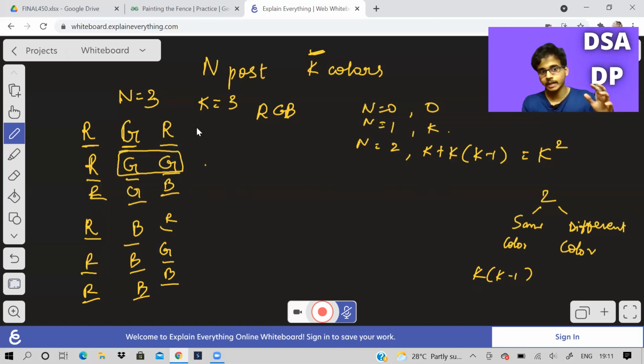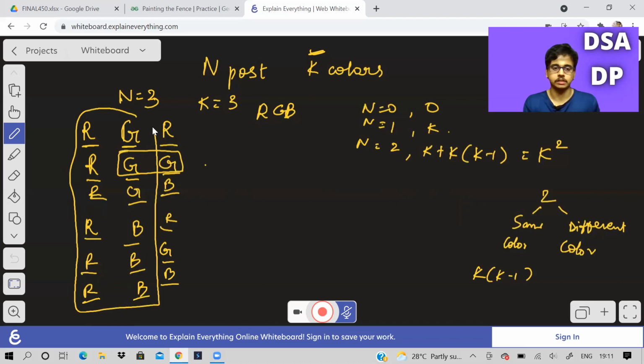So how many combinations can I essentially make? We should first consider only this much part. What did we observe over here? If I paint the first two posts with different colors, for each such combination, I will have k ways.